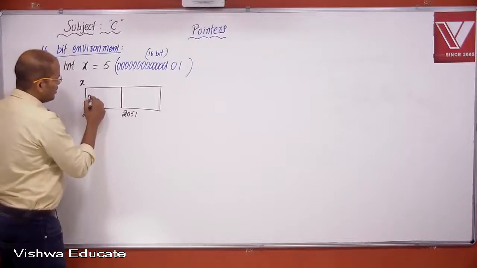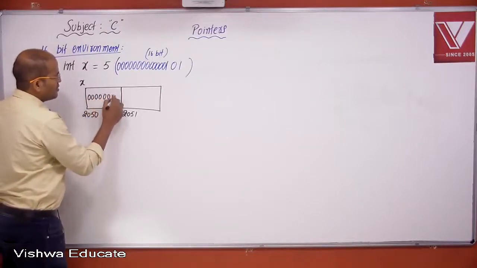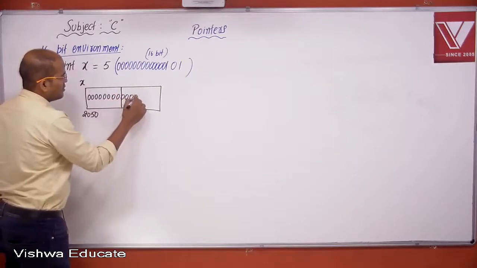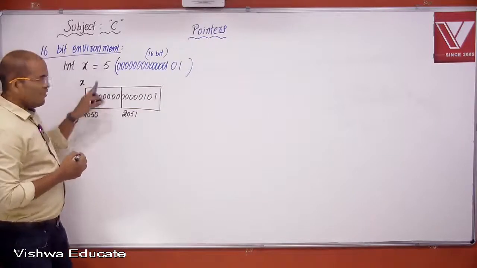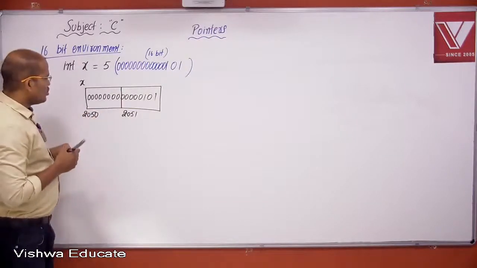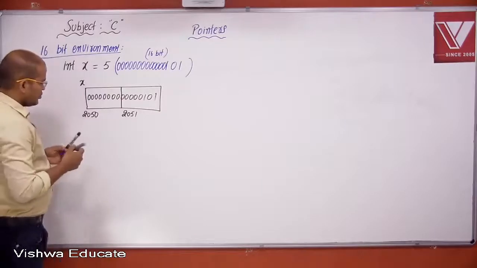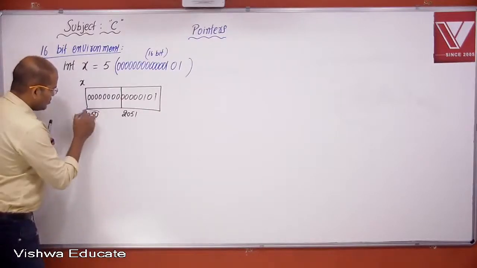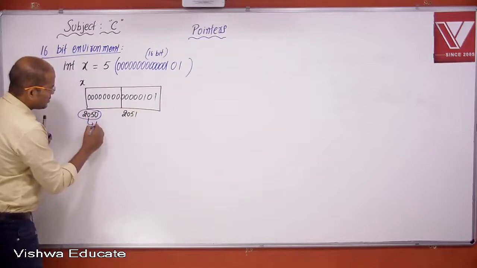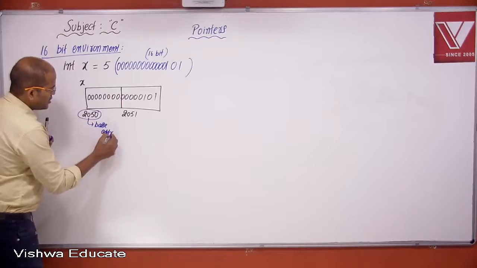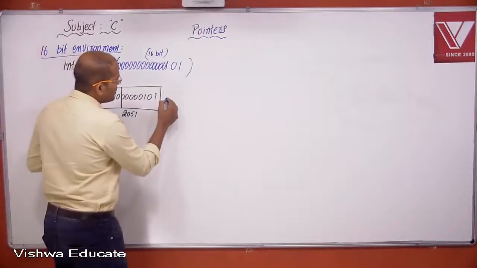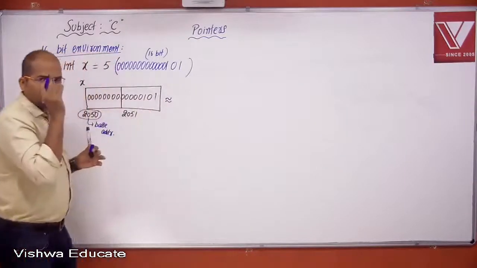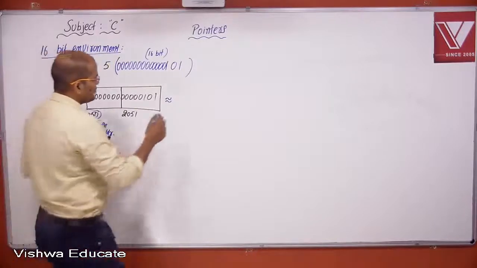So internally, this is how we store 5. And you find 2050, 2051. So 2050 is called the base address.